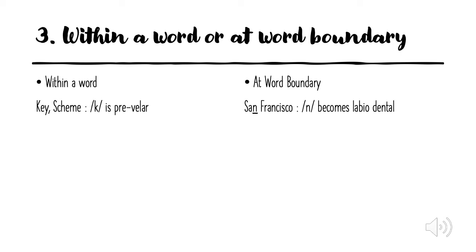N is an alveolar sound, whereas in "San Francisco" it becomes closer to the labiodental sound under the influence of the labiodental F, which comes after it. San Francisco, the N at the boundary of "San" changes to a labiodental sound under the influence of the sound that comes at the beginning of the next word.